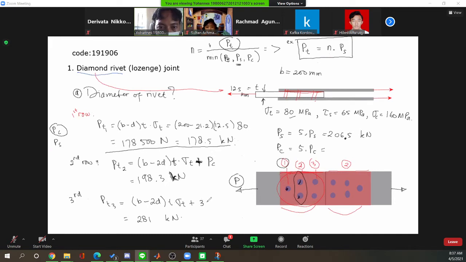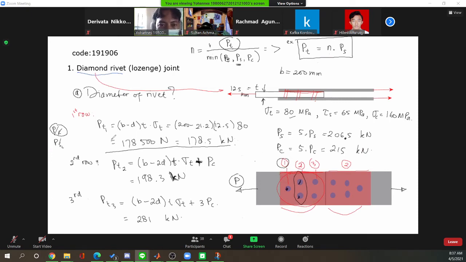Okay, so in our calculation, we have 206 kilonewton for shearing resistance and 215 kilonewton for crushing resistance.